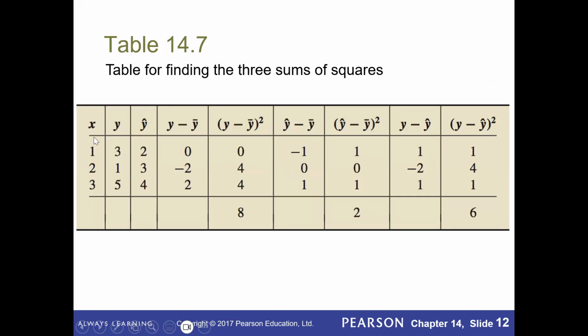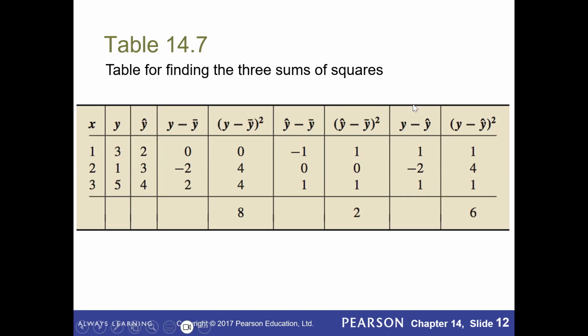This is an example of data. We have three x values, 1 to 3, and three y values, 3, 1, and 5. Using the regression equation, we estimated y hat. Then we calculate another column, y minus y bar, then its square. Then we calculate the residual, which is y hat minus y bar, and take its square.